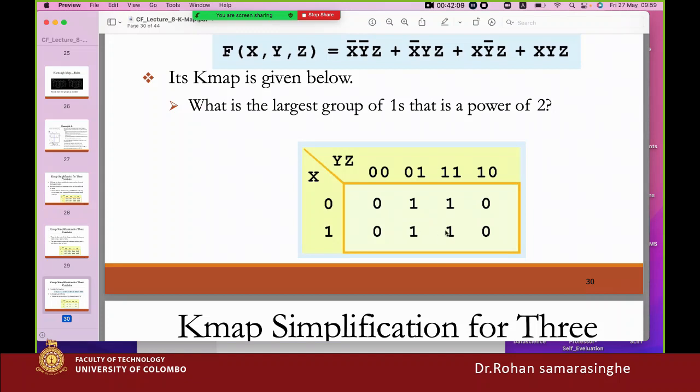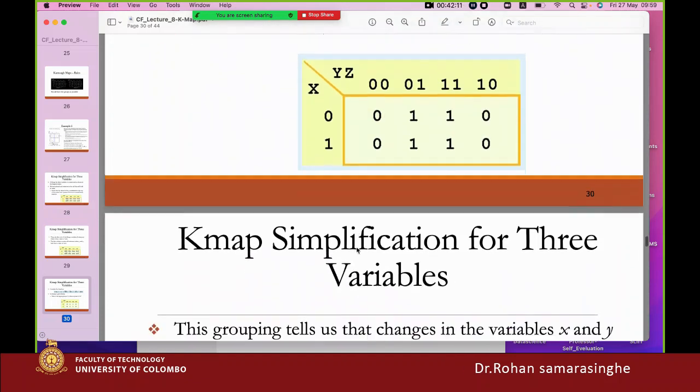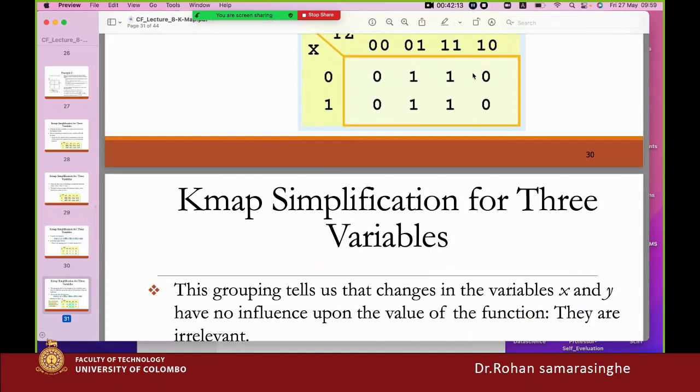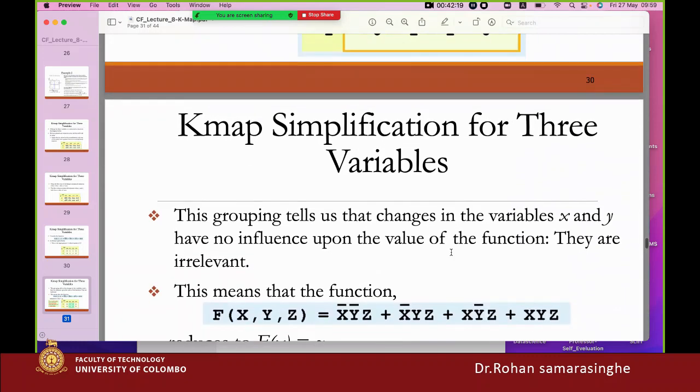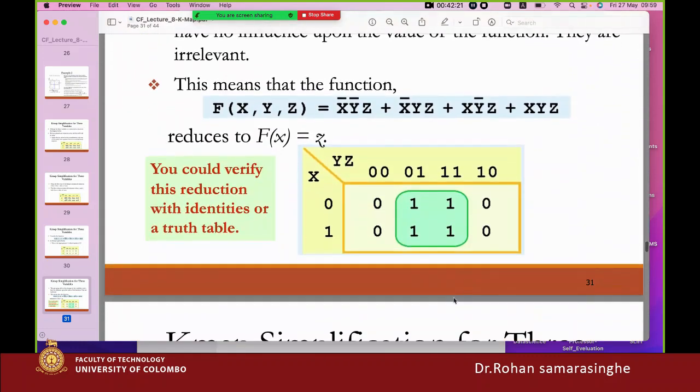X y z is this one. Then when you want to group this, you can create two small groups, but you can create one large group. While you are creating the one large group like this, you can write the minterms of this one: x bar y bar z, x bar y z, then x y bar z and x y z.